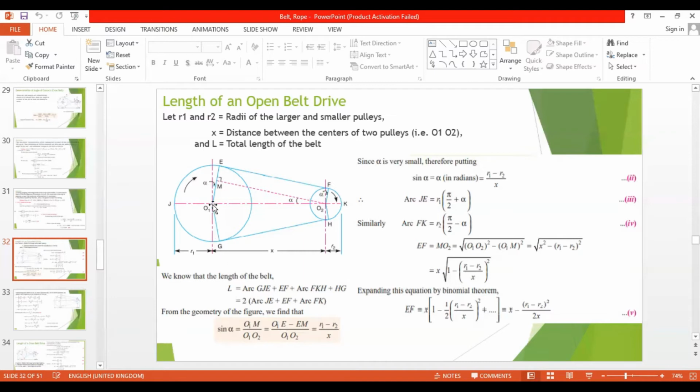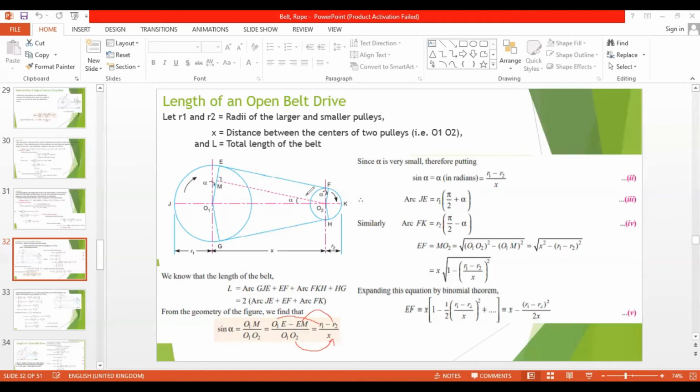O1M is equal to O1E minus ME, divided by O1O2, that is O1E is R1, ME is R2, and O1O2 is X. So sine alpha is equal to R1 minus R2 upon X.